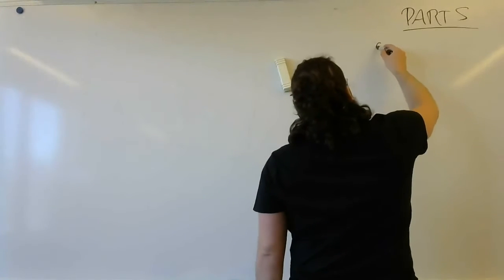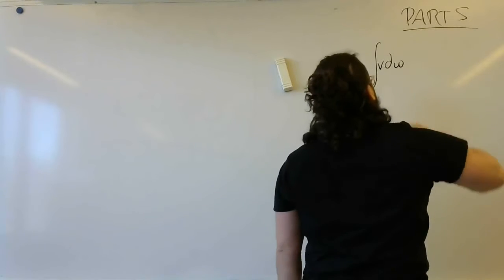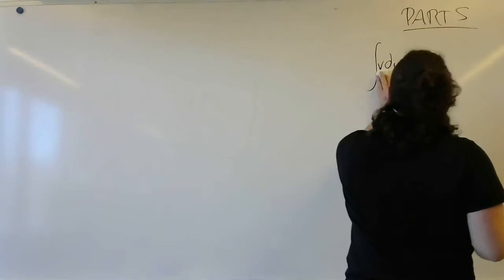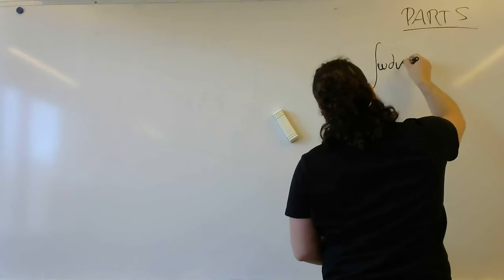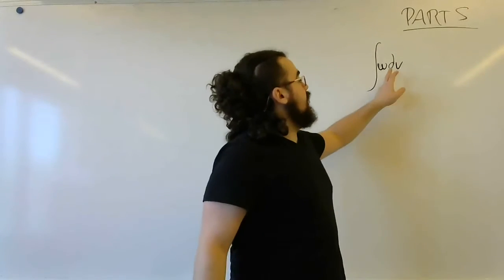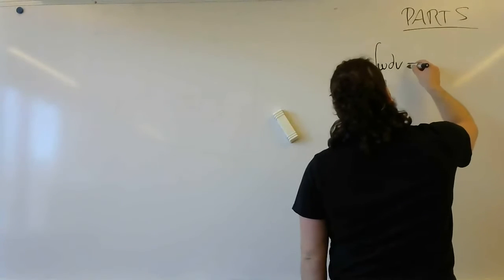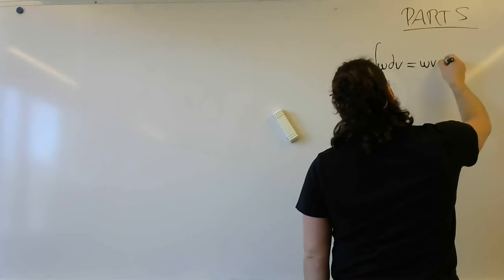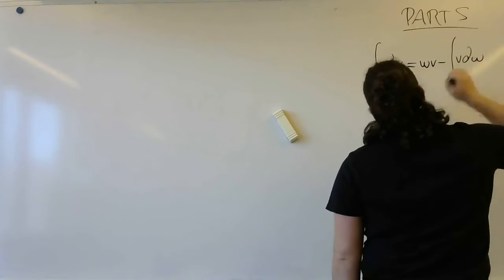That technique says that if we have an integral written in that way, the integral of a function w times the differential of a function v, we can write it as wv minus the integral of v differential w.